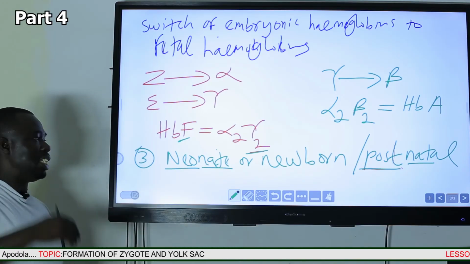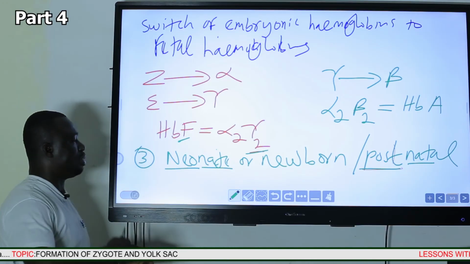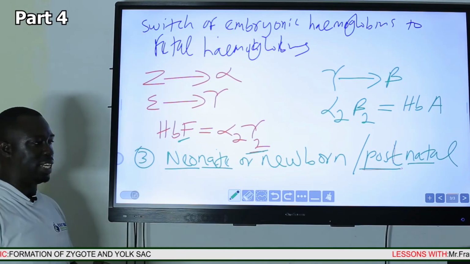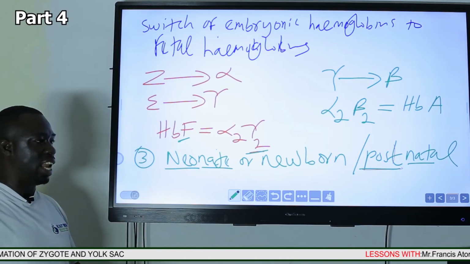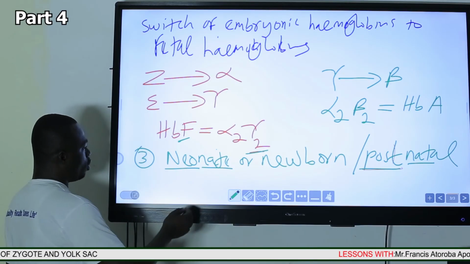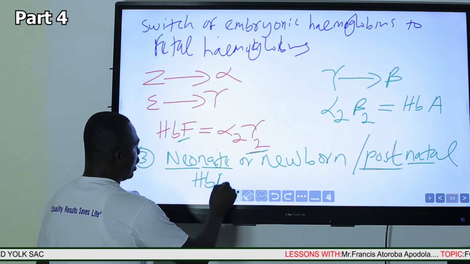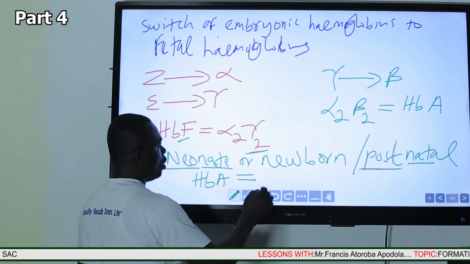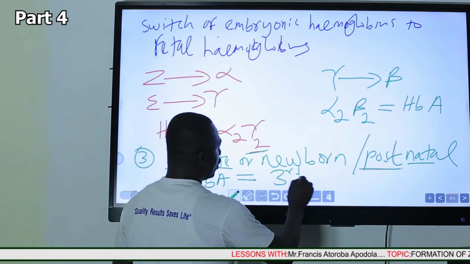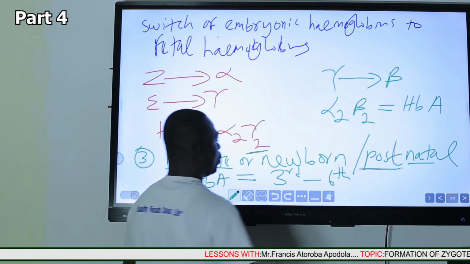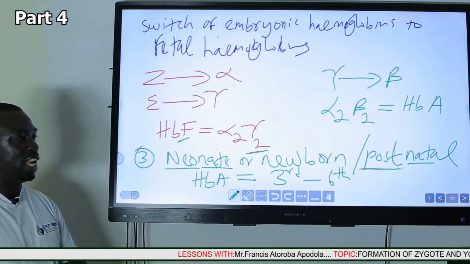So the hemoglobin that is now becoming more prominent in the postnatal life of the newborn usually is the hemoglobin A, and this will usually happen within the 3rd to the 6th month of the postnatal life.